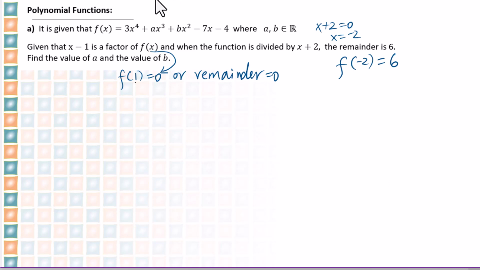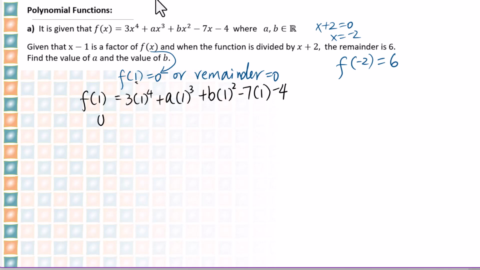Since this 1 is a small number, we can do the substitution to figure out the relationship between a and b. F of 1 equals 3 times 1 to the fourth power plus a times 1 to the third power plus b times 1 squared minus 7 times 1 minus 4. 0 equals 3 plus a plus b minus 7 minus 4.